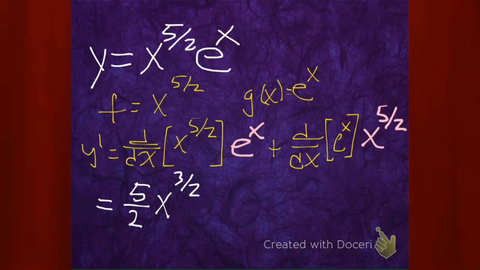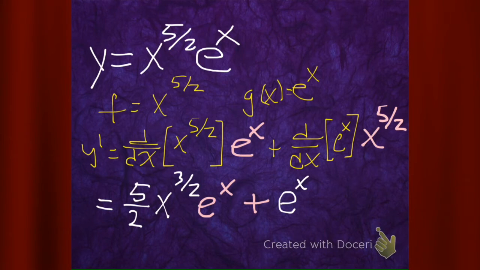And then I have this e to the x still there. And then we'll add to it the derivative of e to the x. What's that? Oh, yeah. Times the first. So that's the first derivative.